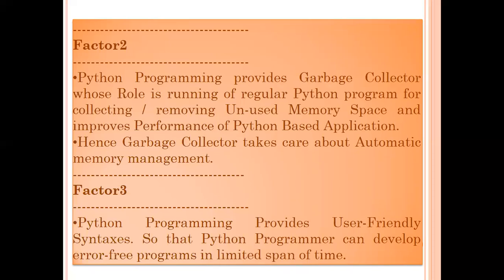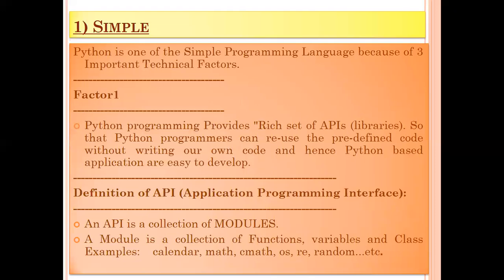Okay, so we have discussed the three factors. Why is it simple? It is simple because of its rich set of APIs. An API is a collection of modules, and a module is a collection of functions, variables, and classes. Clear? Next.